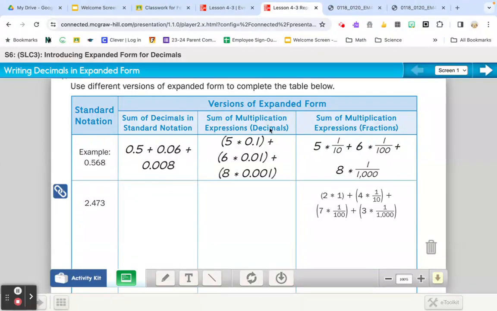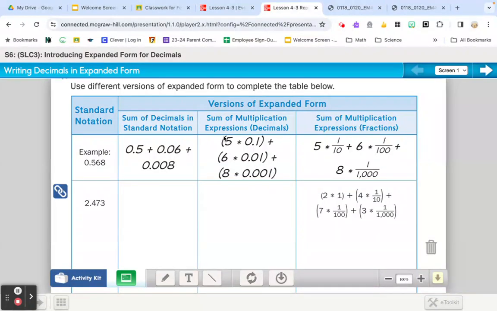Then we have the sum of multiplication expressions using decimals. So this is just essentially saying that we have a 5 in our tenths place, we have a 6 in our hundredths place, and we have an 8 in our thousandths place.